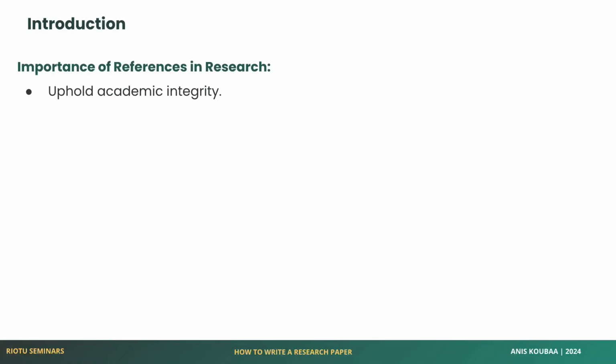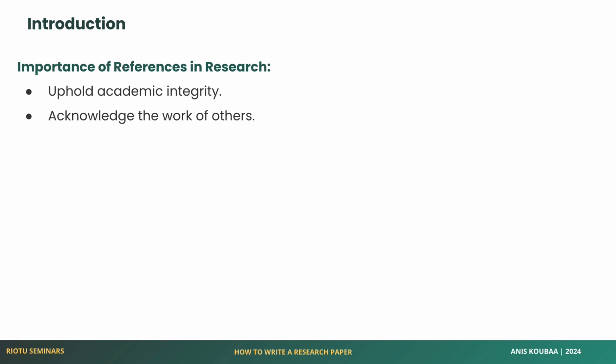Okay, so the importance of references in research is to uphold academic integrity. It means you need to make reference to people whose work you are using. Okay, for example, if you use something about transformers or something in robotics, some existing technology, you need to make a reference to that work, as this is the basis of your study.